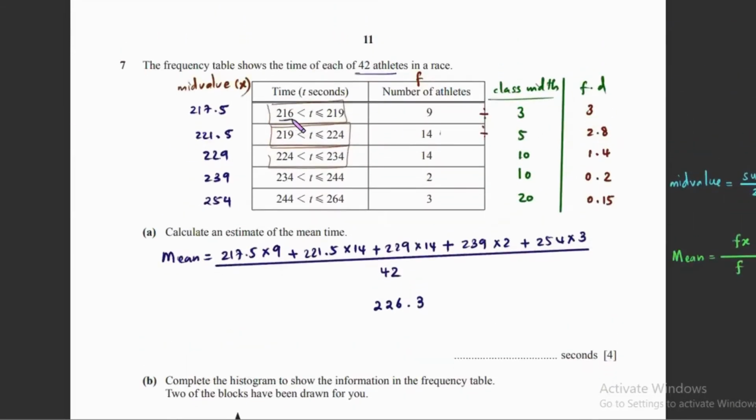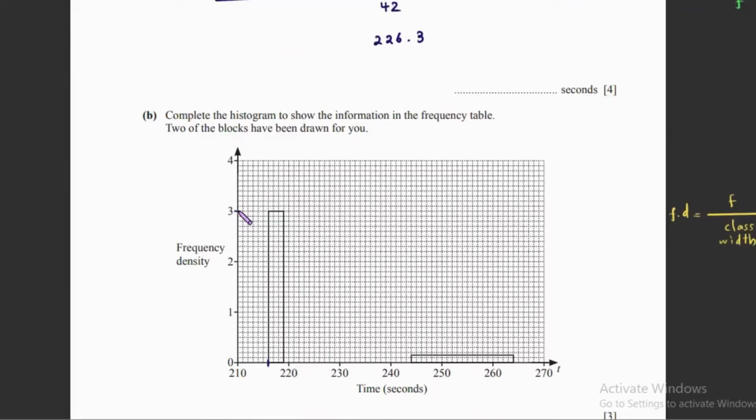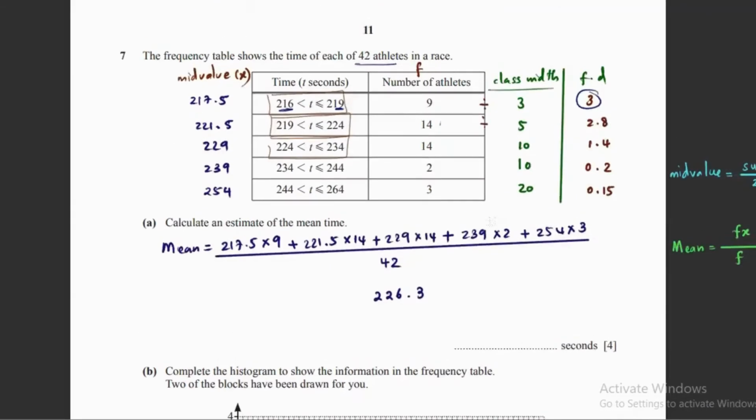So 216 to 219 has a frequency density of 3. So that same value is only given here. That means all the others will have the same height. The height and the frequency density are the same, but it will not always be the same in different questions. The height can be different as well. But here in this question, the frequency density and the height are the same.